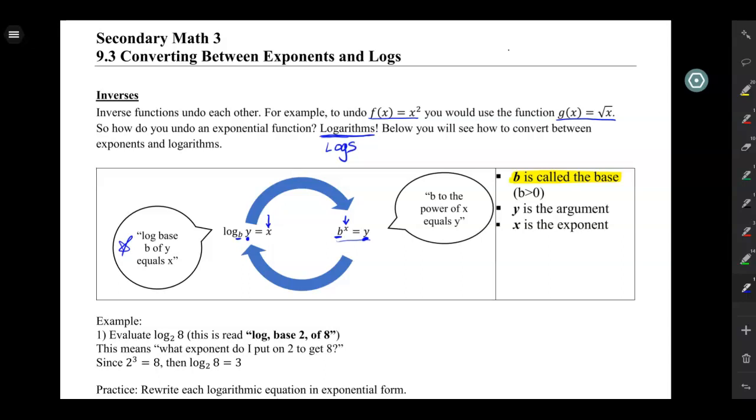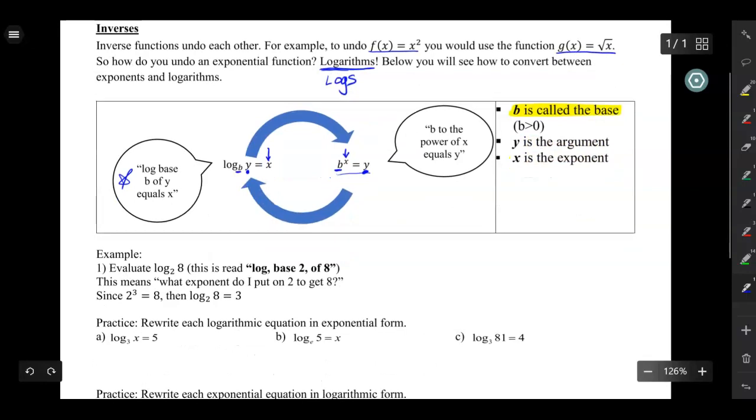So let's take a look at why we should even care about this kind of flowchart and cycle, switching back and forth between logs and exponents. Say I want to evaluate log base 2 of 8. So what I'm really asking myself is, what exponent do I put on the 2, the base, to get 8?